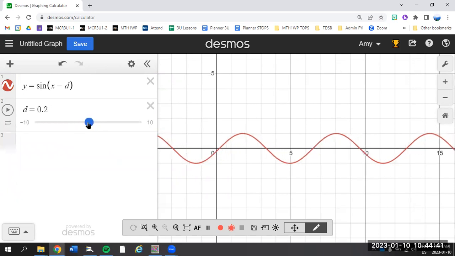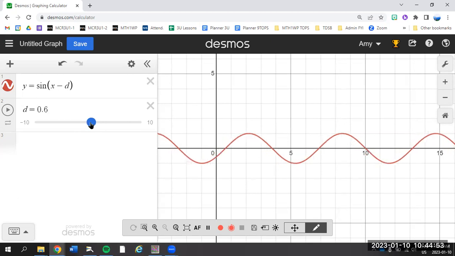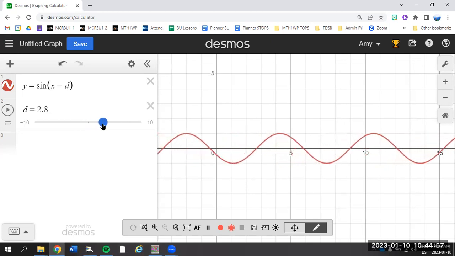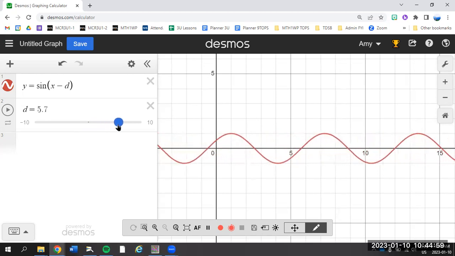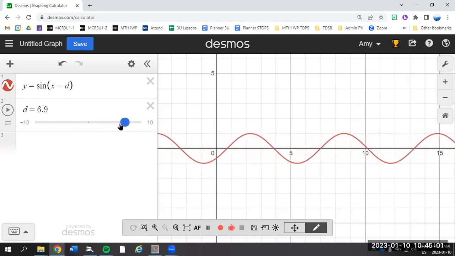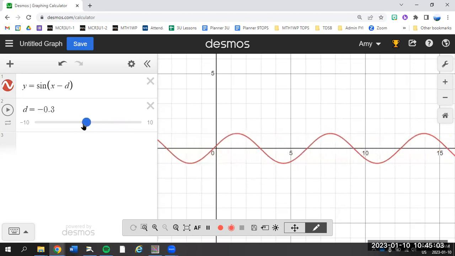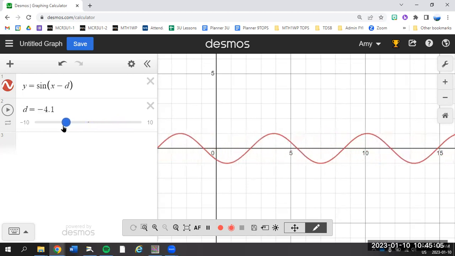If I make D equal to 1, are you expecting to see the graph move to the left or right? To the right. Okay, so you can see that as D increases, we are moving D units to the right. As D becomes negative, we are moving to the left.